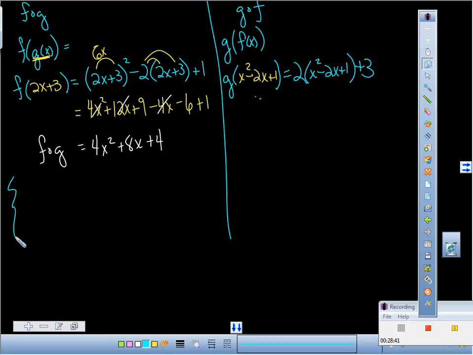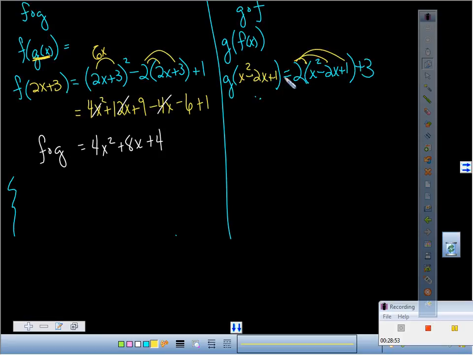All right. So now we're going to distribute that 2 throughout those parentheses. Two times x squared is 2x squared. 2 times negative 2x is negative 4x. And 2 times 1 is 2. Any like terms?